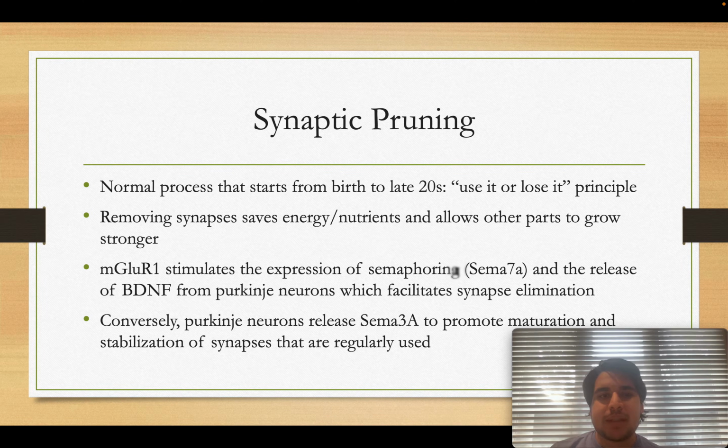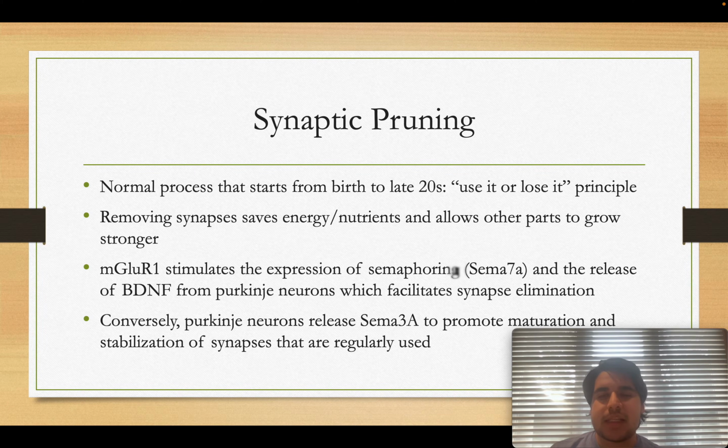When we don't use a synapse for a period of time, these chemicals get released and tell the immune system, for example microglial cells, to remove the synapse from the brain, and basically the immune cells engulf the synapse and remove it.